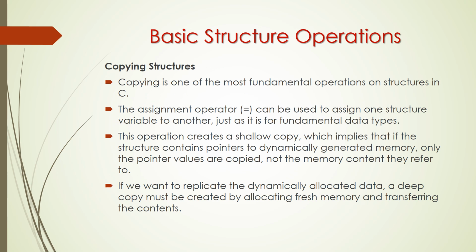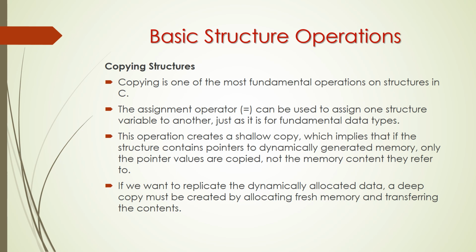Next comes basic structure operations. Copying structures. Copying is one of the most fundamental operations on structures in C. The assignment operator can be used to assign one structure variable to another, just as it is for fundamental data types.